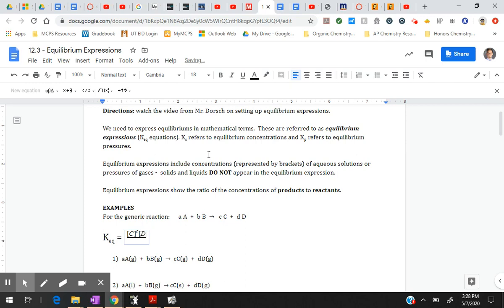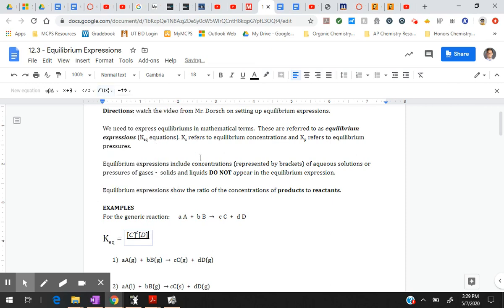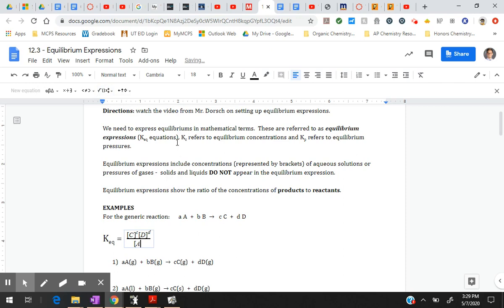Open bracket, product D, close bracket, right arrow to go up to the d. If I press the right arrow again twice, it puts me on the bottom. And I can repeat this process for my reactants A and B.